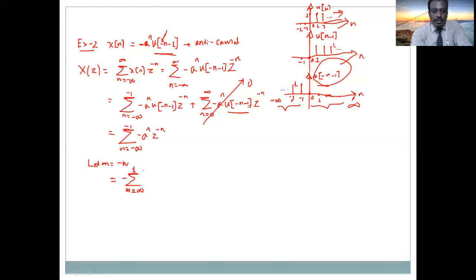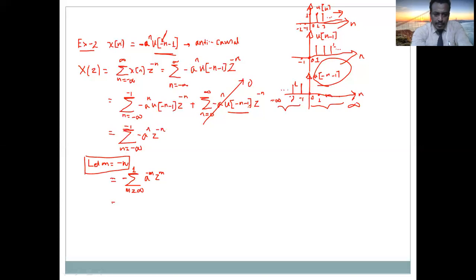A to the power of n means a to the power of minus m, and minus n means m, z to the power of positive m. I just substitute m for minus n, because this summation from minus infinity up to minus 1 becomes from positive infinity down to positive 1. Okay.